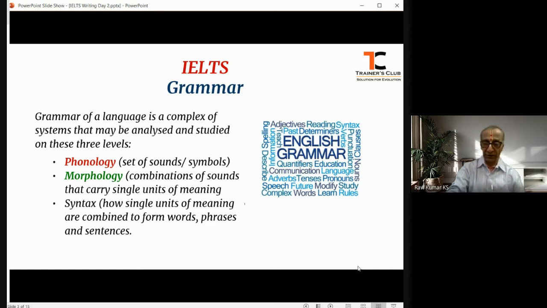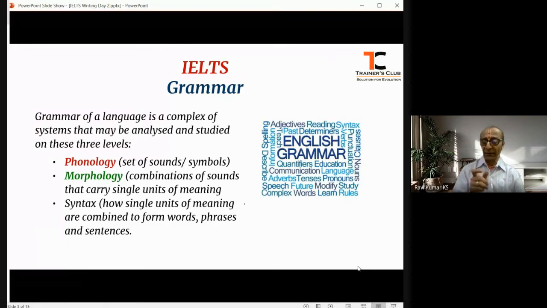So the grammar comprises three different parts, or it can be analyzed on three different levels. The first one is phonology. Phonology means a set of sounds or symbols. Set of sounds means each word is pronounced differently, right? When we pronounce it differently, the sound generation is also different.